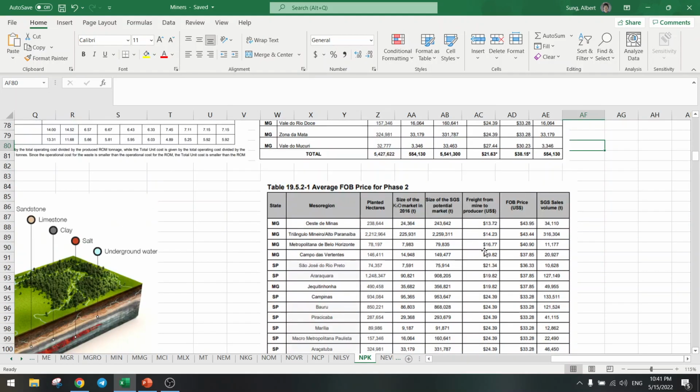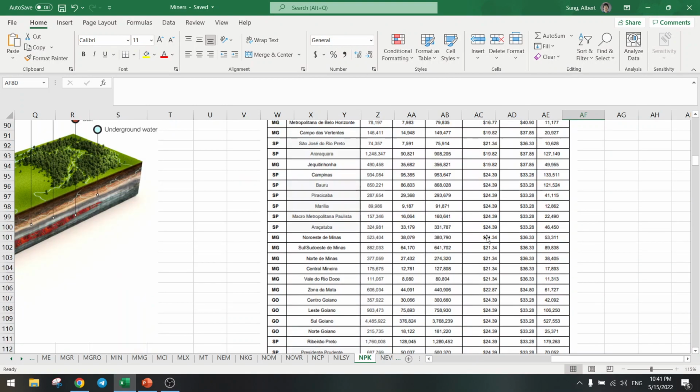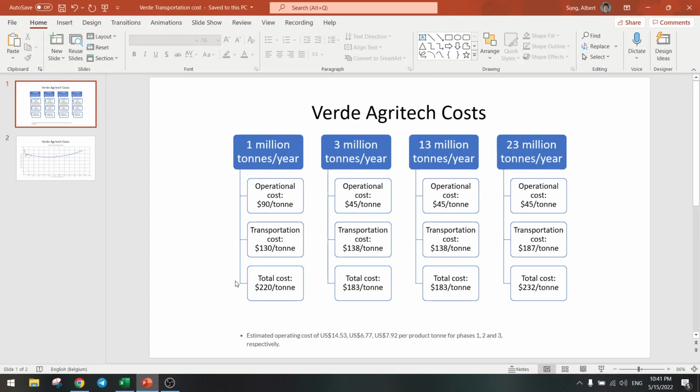So we're still okay for phase 2. That's about the 3 million tons that we are going to produce by next year. The freight costs are not going to rise that much, only 10%. So here add 10% to that and we have $138 per ton.